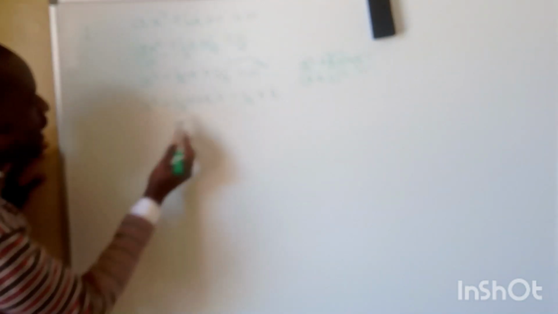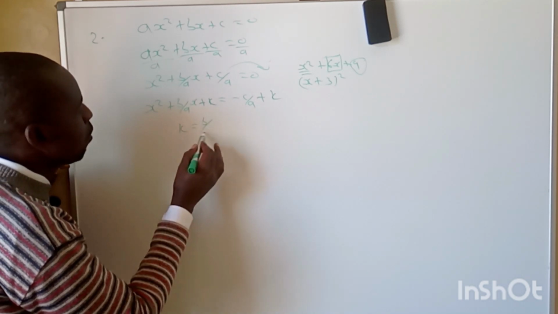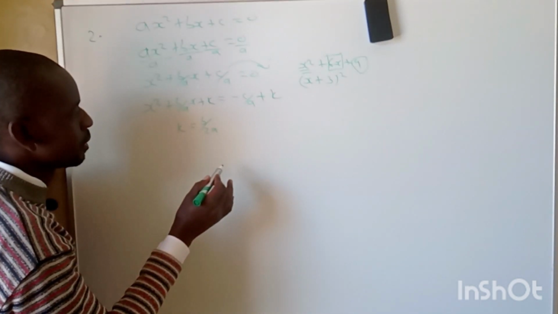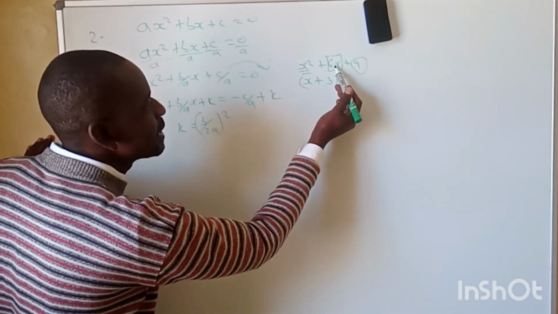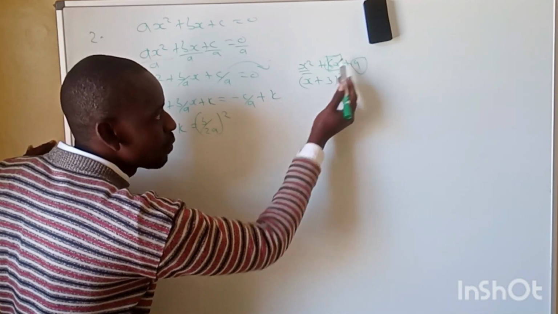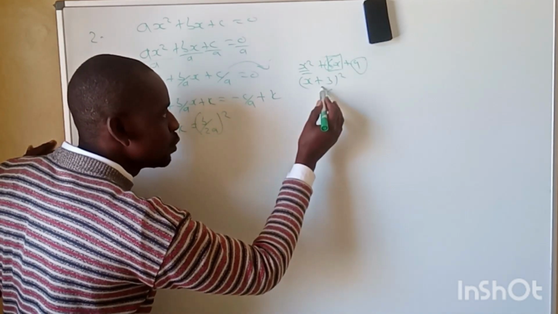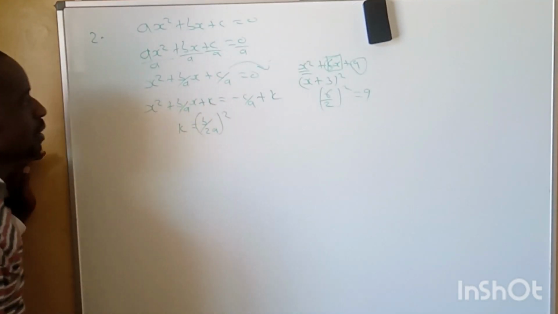So that means for us to get k here, it is going to be b over 2a squared. For example, for me to get 9 here, you only take the coefficient of x, which is 6, you divide by 2, then you square. You are going to get the value of c, which is 9.